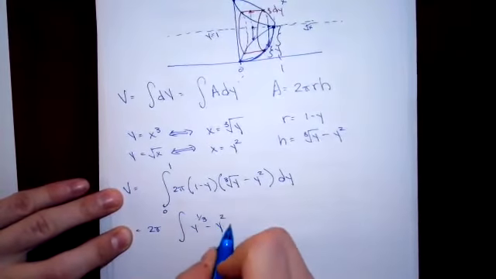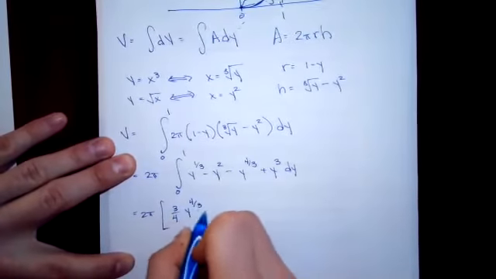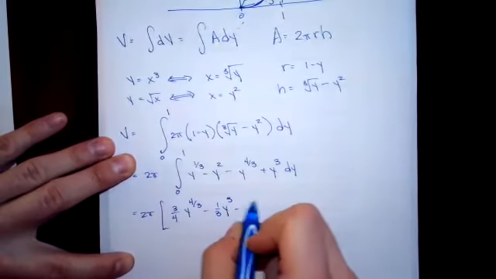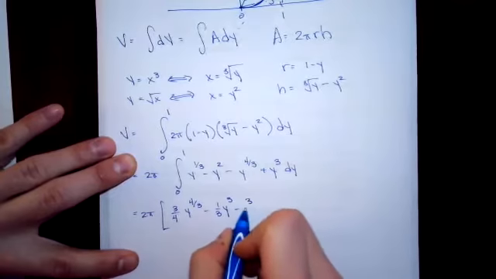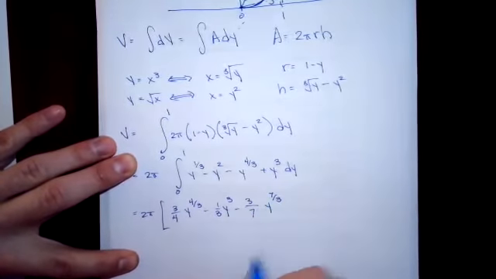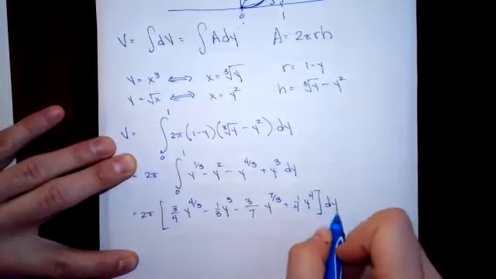Let's do the integration. 2 pi, so 3/4 y to the 4/3 minus 1/3 y cubed minus 3/7 y to the 7/3 plus 1/4 y to the 4th, from 0 to 1.